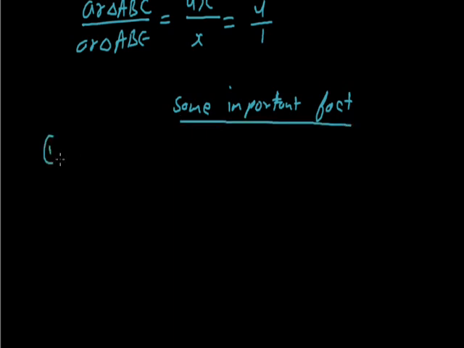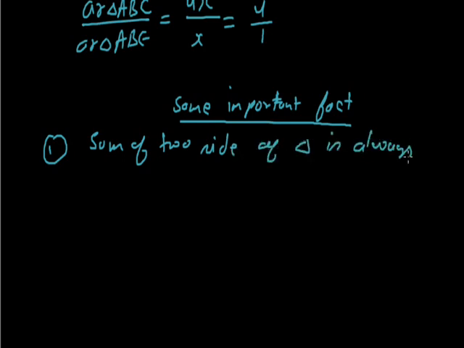The first fact is that the sum of two sides of a triangle is always greater than the third side. The sum of the two sides of a triangle is always greater than the third side.